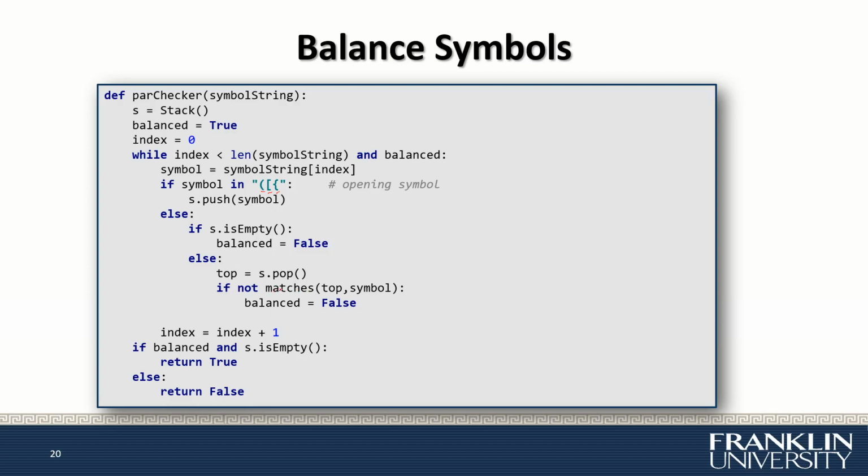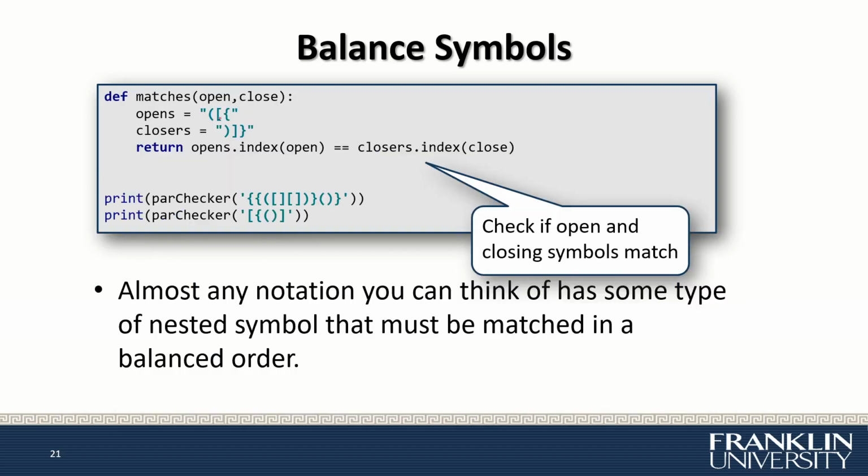The match function matches the opening to the closing: opening square bracket to closing square bracket, opening curly braces to closing curly braces. The way I do the match is I check whether the index for the open is the same as the index for the close.